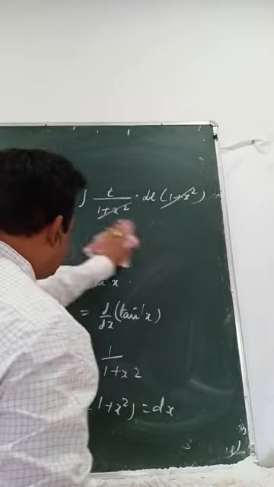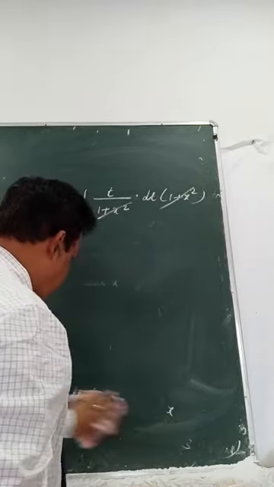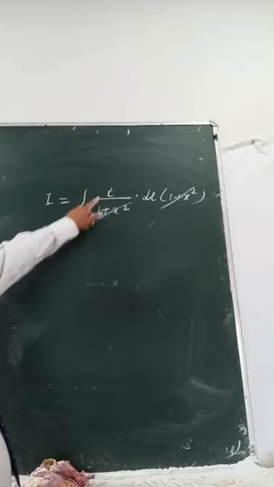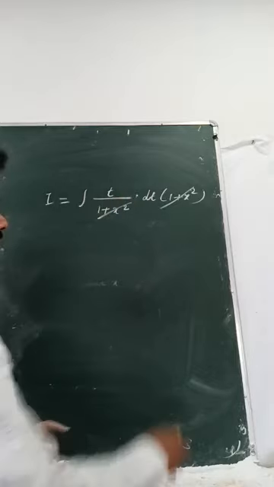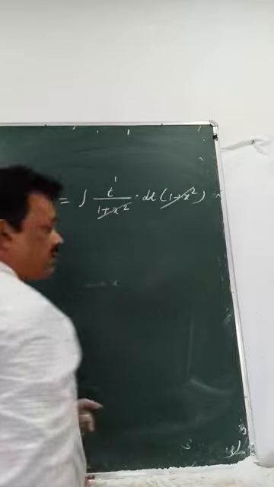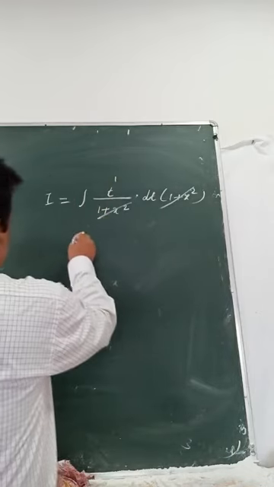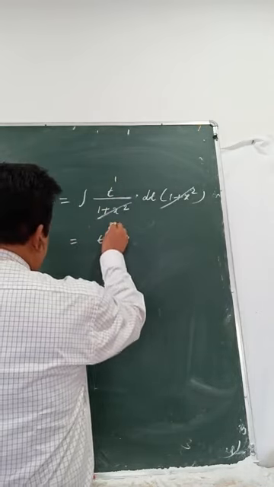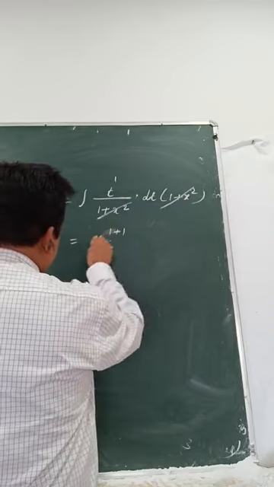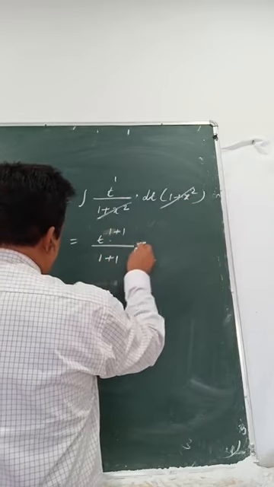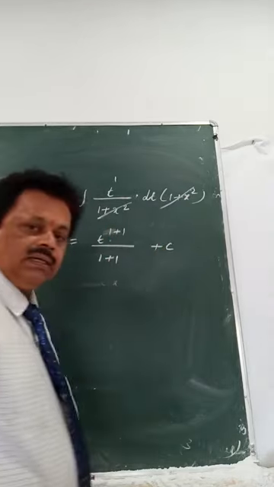So what did I get now? I got integral of t dt, so you are going to use the nth formula. Nth formula means power of t is 1, so that will be t to the power 1 plus 1 by 1 plus 1, then a constant of integration.